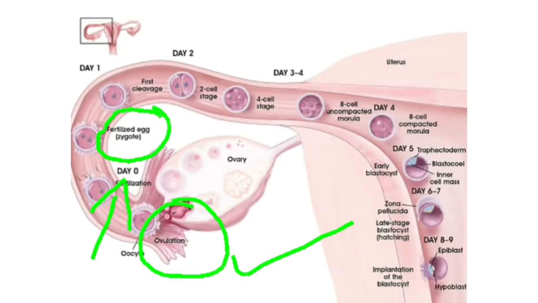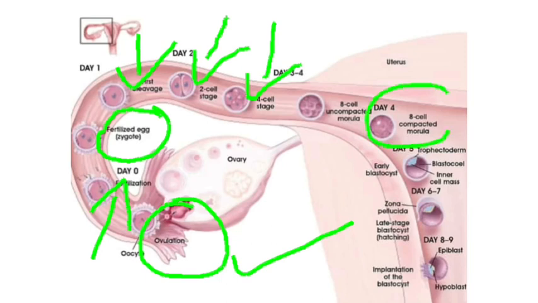And 24 hours after fertilization, the first cleavage occurs, and then it gradually becomes the two cell stage and then 4 cell stage, and after that the cell number becomes 16, and it forms the morula which contains 16 cells. And the morula is formed on the 4th day after fertilization.